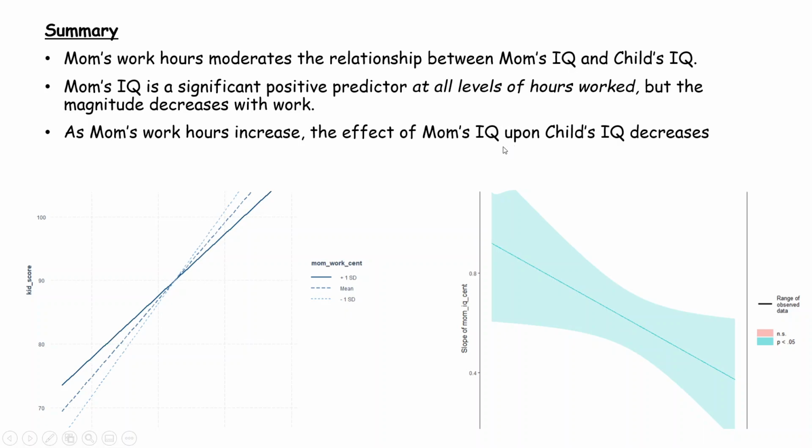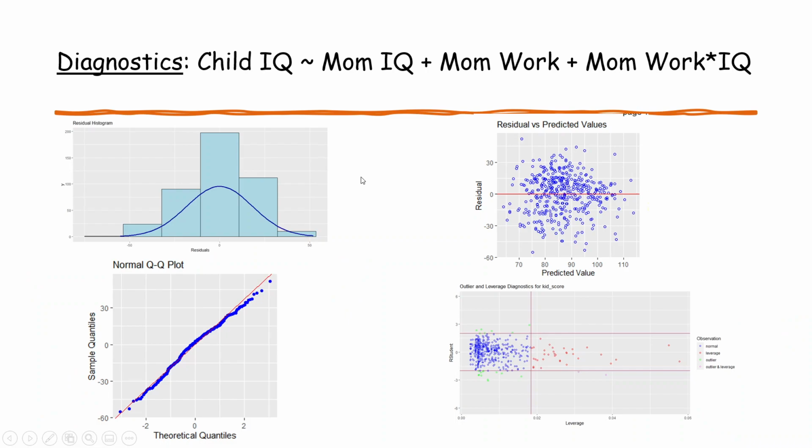Okay, and again, that's just because I chose to interpret this in terms of how mother's work affects the impact of mother's IQ on child's IQ. But I could have flipped this and been interested in the effect of mom's IQ upon the slope of work hours predicting child's IQ.